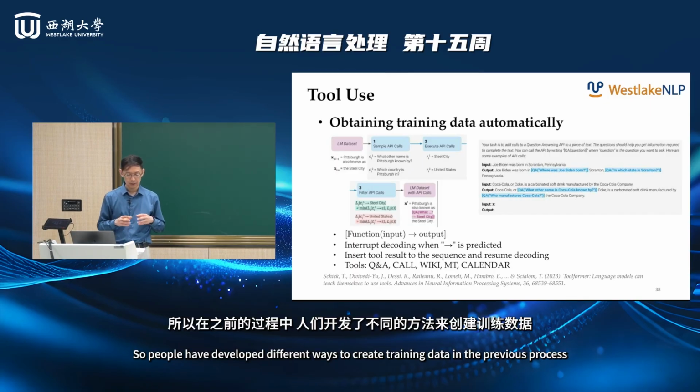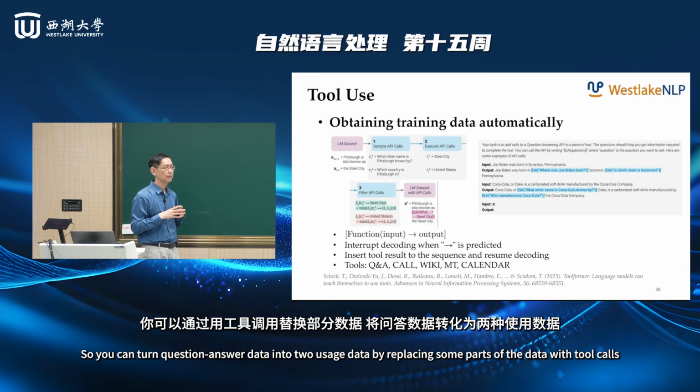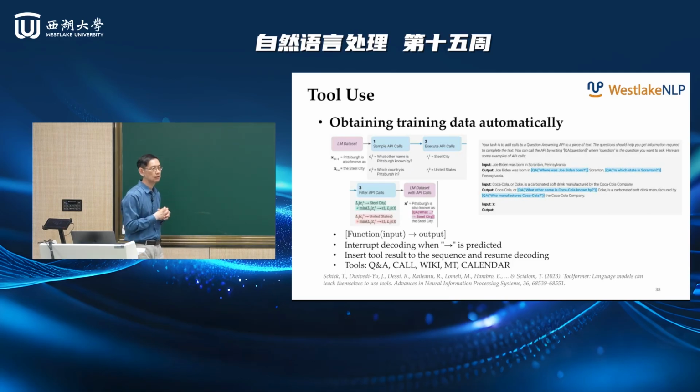So when LLMs became popular, people developed different ways to create training data for the previous process. Okay? So you can turn question and answer data into tool usage data by replacing some parts of the data with the tool call. Okay?